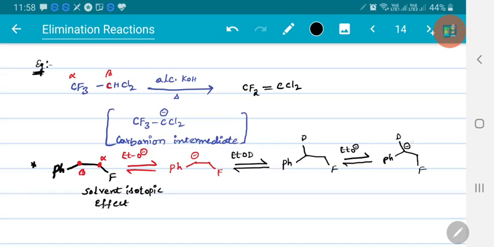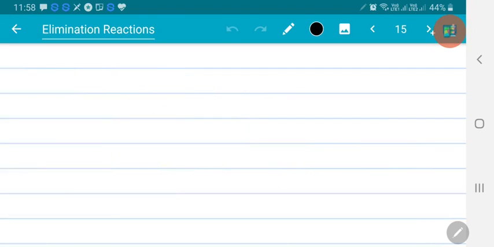So finally anyhow that is removed and the bond is shifted and fluorine is lost, right? So here we need to understand that it is following the solvent isotopic effect, not primary or secondary, it is the solvent isotopic effect. So if a solvent is labeled, that gets exchanged with the carbanion system, so be careful about it, right? So let me explain with some other example.